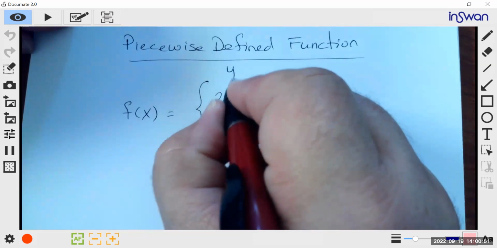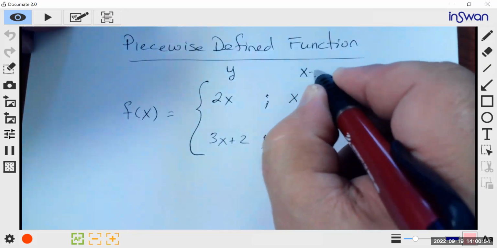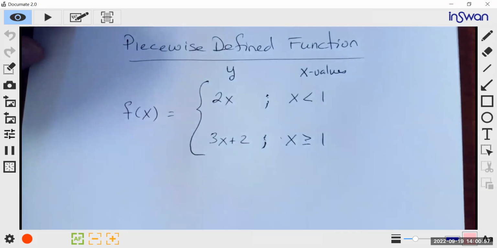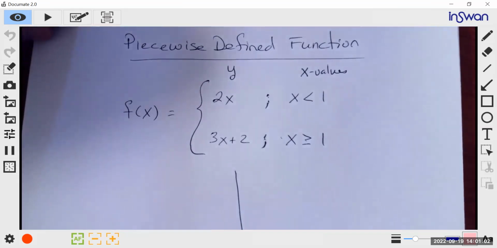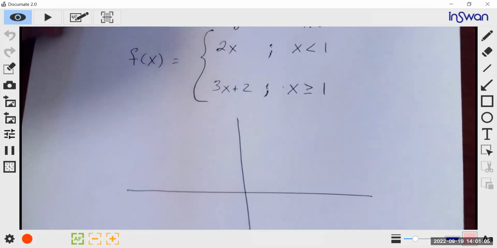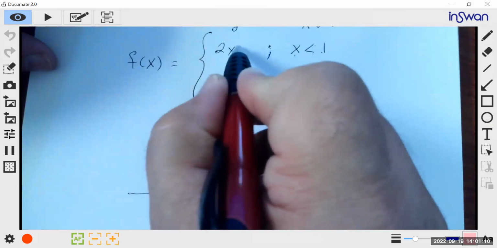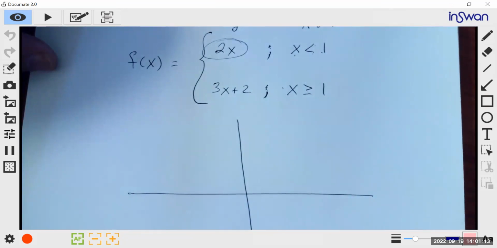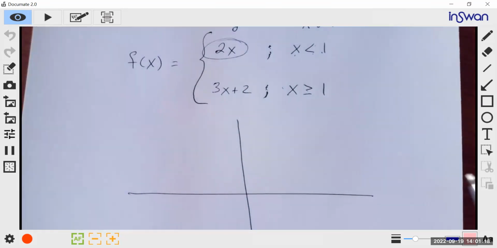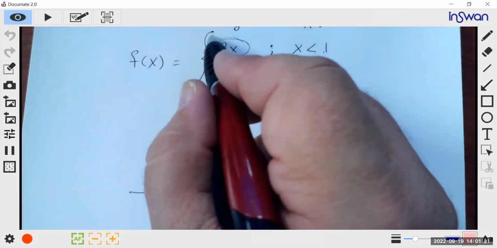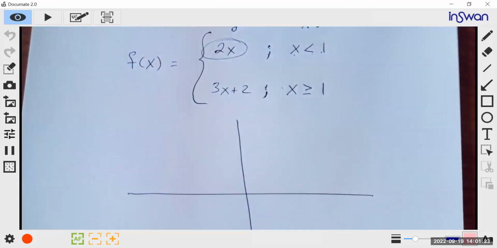These are the y values. These are the x values. What this says is whenever x is strictly less than 1, we'll use this function. It's not a set of answers. It just means that this function, because I can have multiple, you can have like 5 or 6 lines there also, so all these filter into this one function.